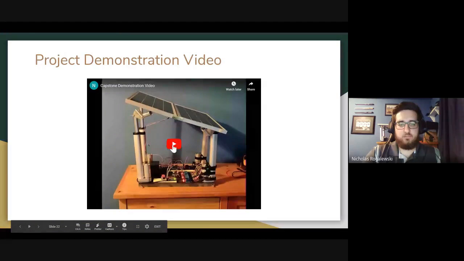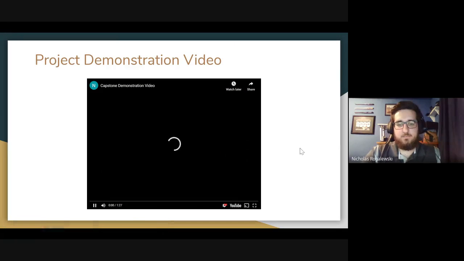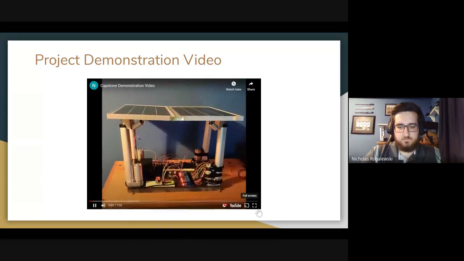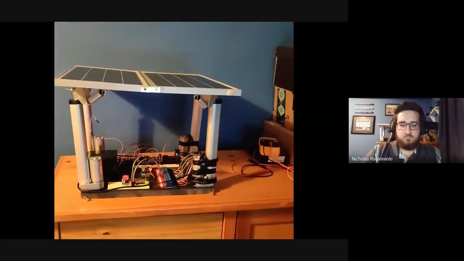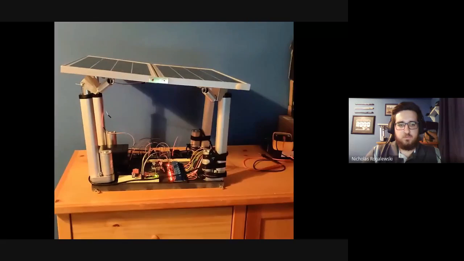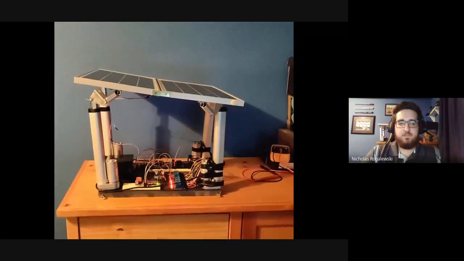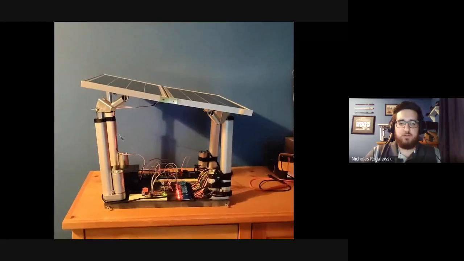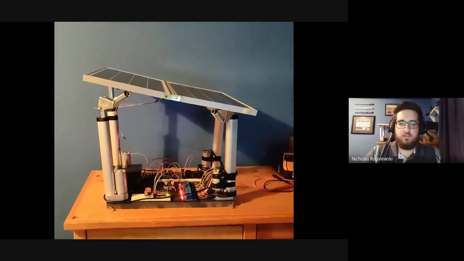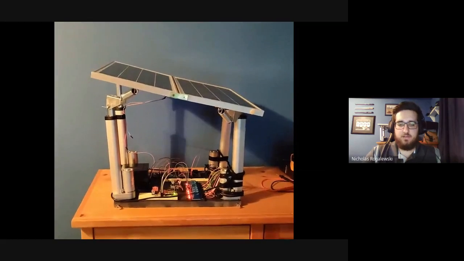And here's the demonstration video that I put together using the substitute microcontroller that I had. It shows the way that it can move, like each actuator can move individually to reposition the solar panels in different angles.